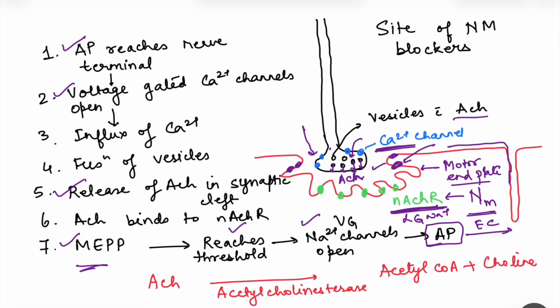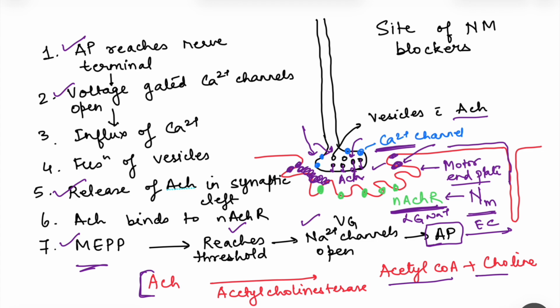Now this action potential is causing the contraction, but the acetylcholine which is released is destroyed almost immediately. There is an enzyme acetylcholinesterase present in the synaptic cleft. This acetylcholinesterase breaks down acetylcholine to acetyl-CoA and choline, and these products are taken back into the nerve terminal and acetylcholine is resynthesized.